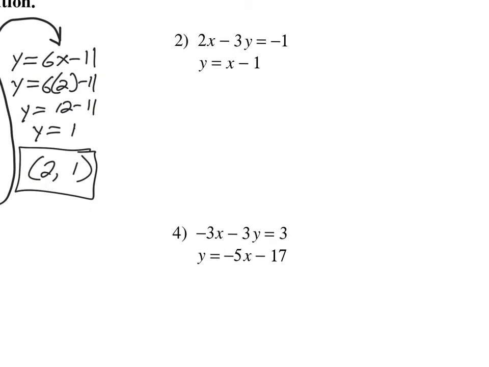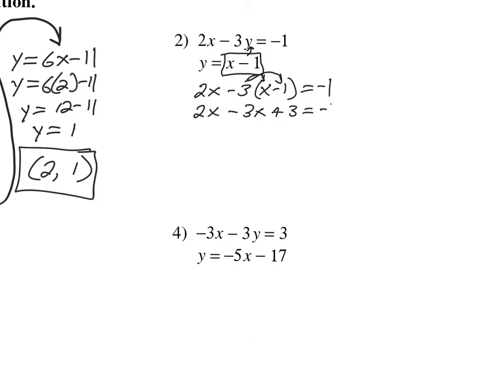Second equation, y is equal to x minus 1. Substitute that back in for y in the other equation. So I have 2x minus 3 times x minus 1 equals negative 1. 2x minus 3x, distribute, plus 3 equals negative 1.